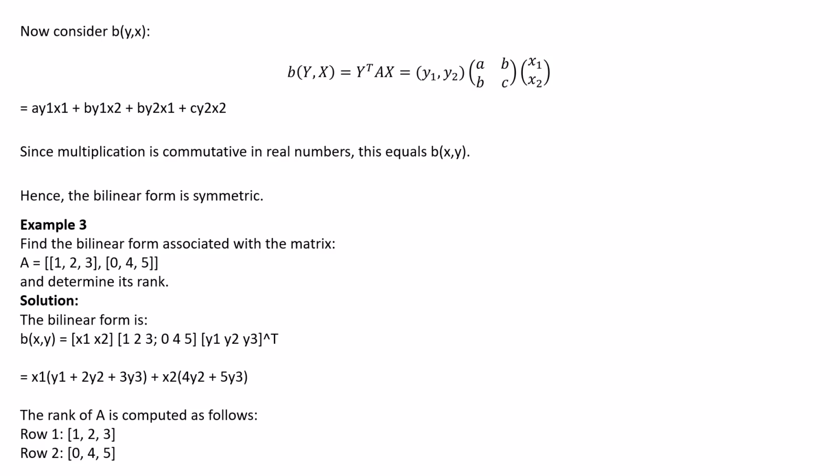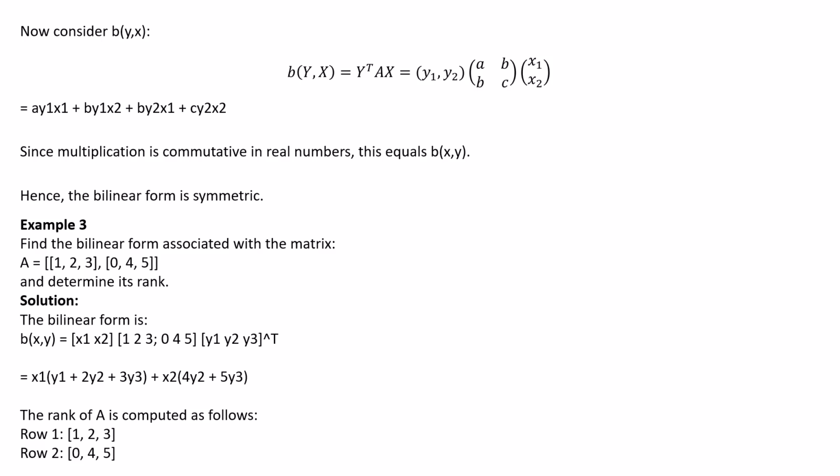You can see that the result here and the previous one are the same, since multiplication is commutative in real numbers. That is, our B of x, comma y is the same thing as B of y, comma x, because multiplication is commutative.